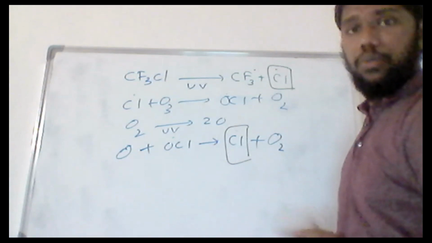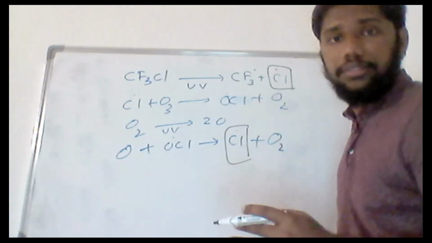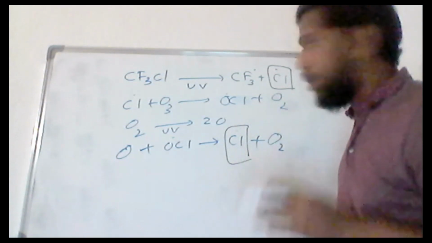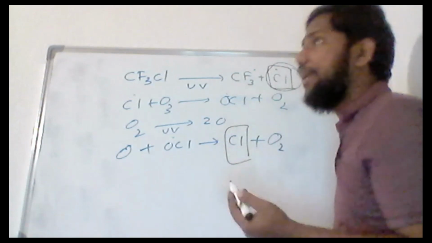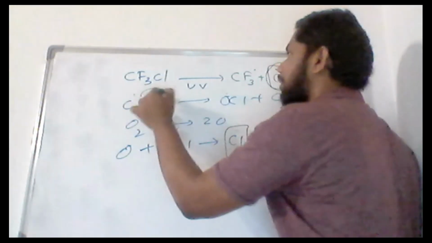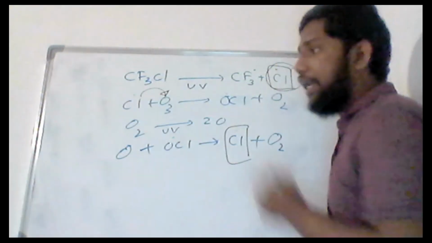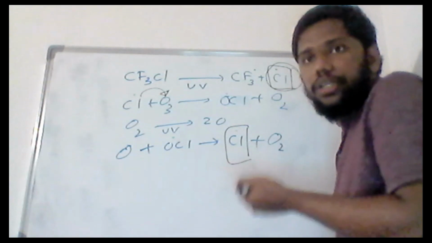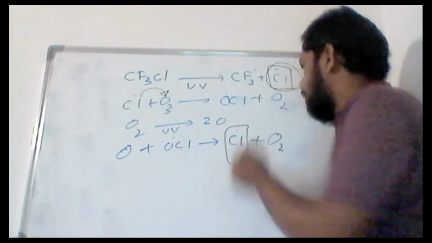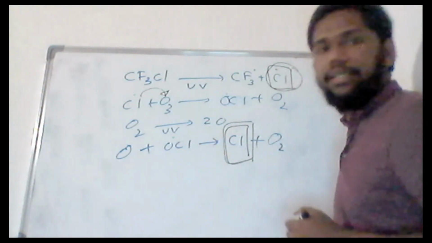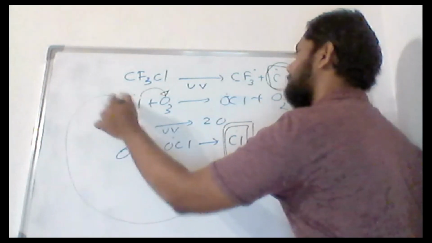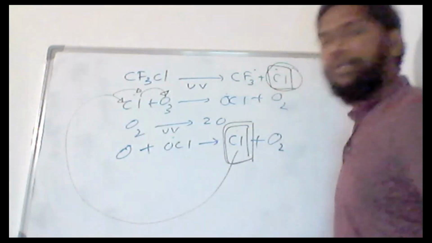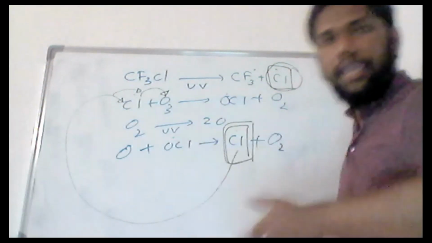Which is most dangerous? Why? Because you see the reaction starts with forming Cl radical and destroying O3. And in the process of destroying O3, another Cl radical is formed, which can again come and participate in the same reaction again and again.